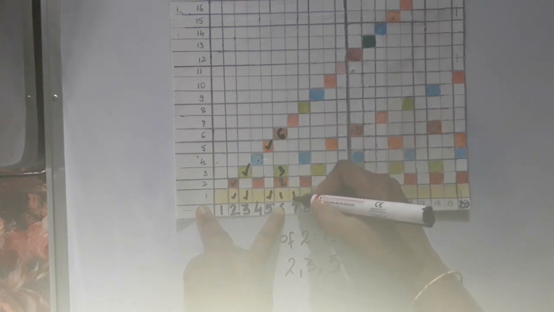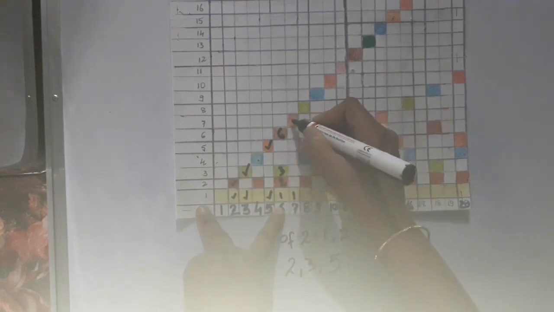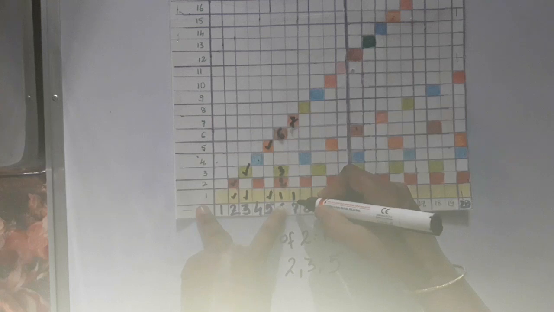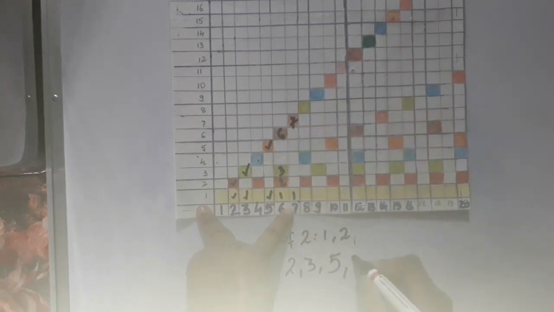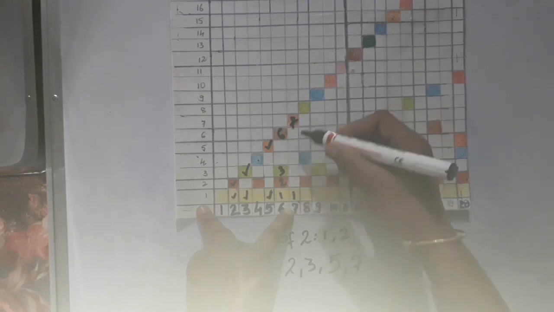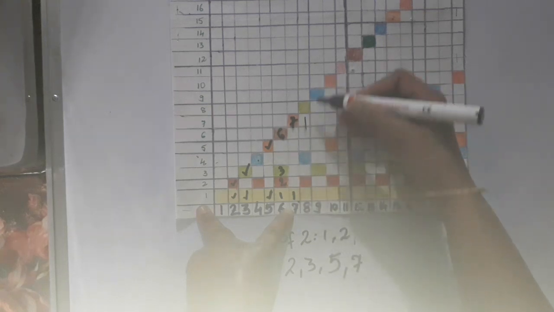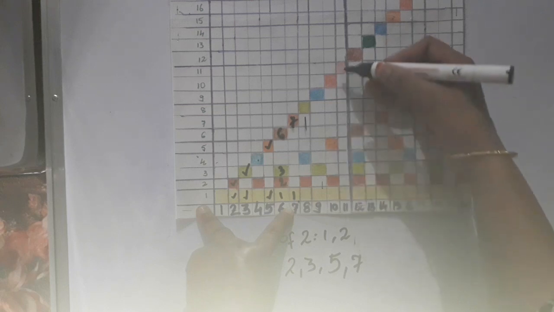Okay, going still further, for 7 you can see that the first square and 7th square are colored, only 2 factors, so it is a prime number, so 7 you can write. Again moving further, you can see no, no, no, yes.